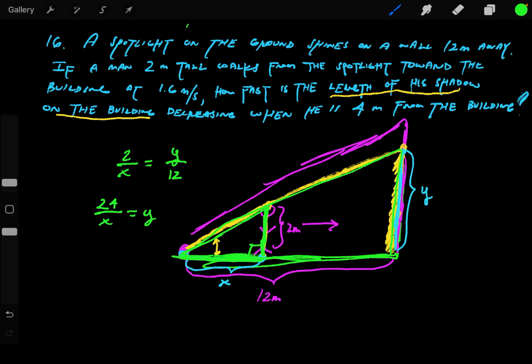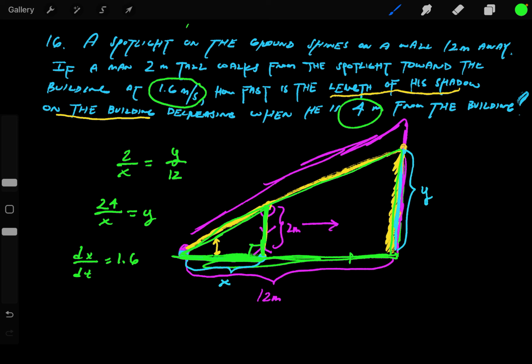And with that, I think I'm good, because I also have that he's walking toward the building at this rate. So X is increasing. dx/dt is 1.6 meters per second, and I want to solve for dy/dt.